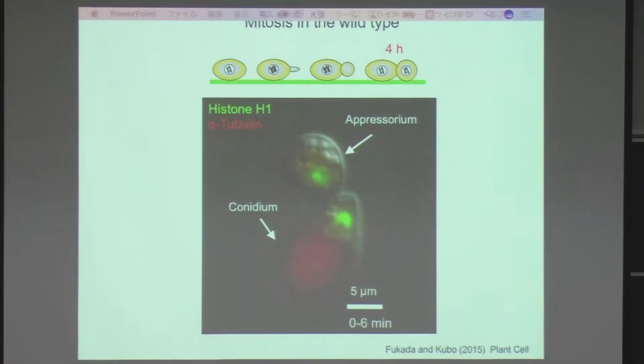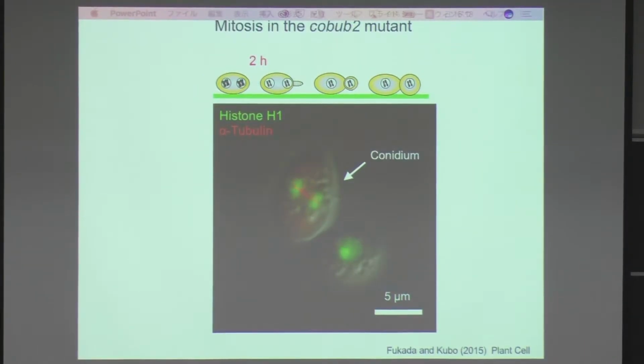This slide shows the mitotic stage of wild type during appressorium formation. At 4 hours of incubation, the mitosis occurs at the time of the appressorium differentiation. However, in the GAP mutant, the mitosis occurs around 2 hours of incubation, 2 hours earlier than the wild type, in pre-germinating conidia.